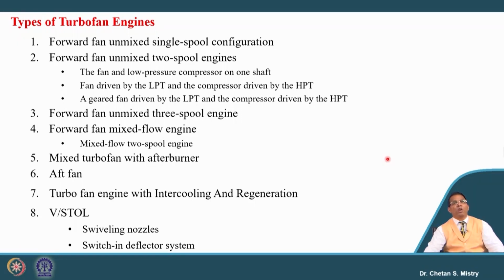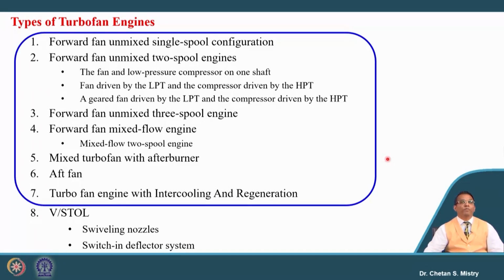So, these all are the types of turbofan engines which exist at this moment. For this course, we will be focusing more on these 7 classifications. So, you can say these are all the possibilities with our turbofan engines.